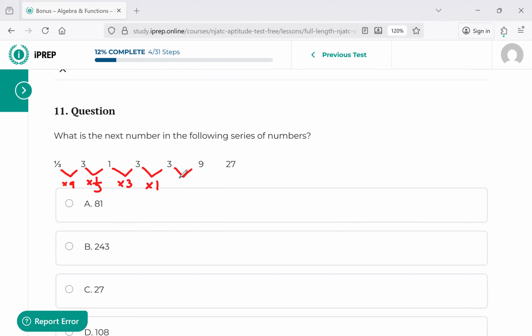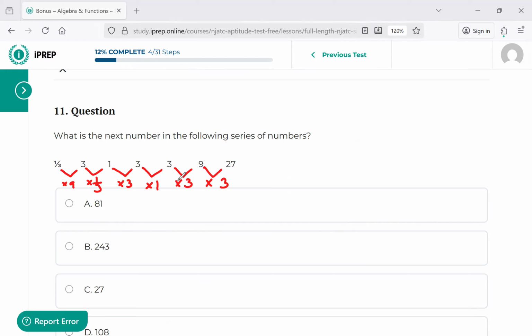And then from 3 to 9, you had to multiply by 3. And then from 9 to 27, you had to multiply by 3. So as you can see, they're not consistent. This is like 9, 1/3, 3, 1, 3, 3. But do you see some kind of pattern? Yes. Notice that each multiplier matches the number in the previous series.